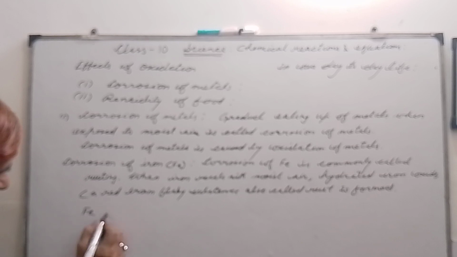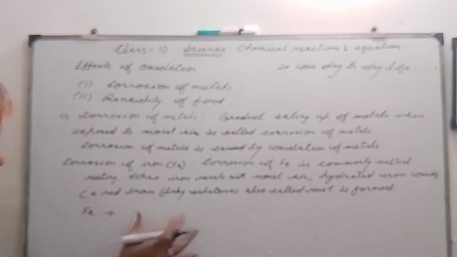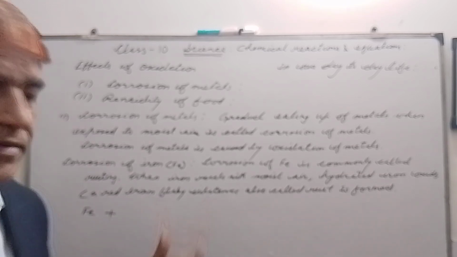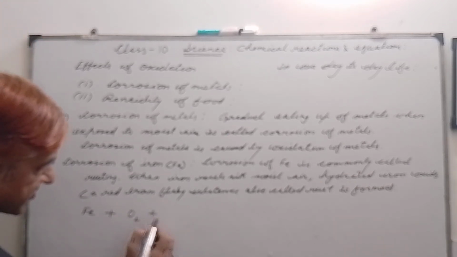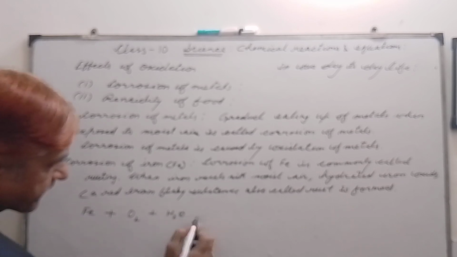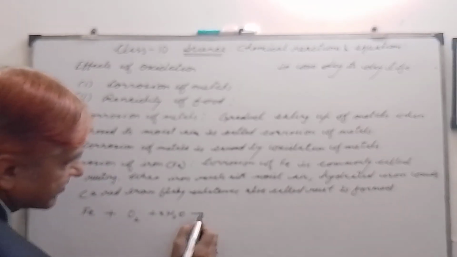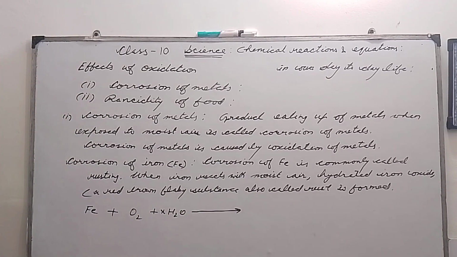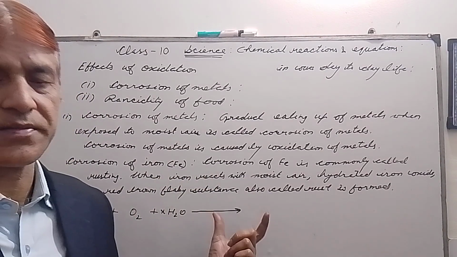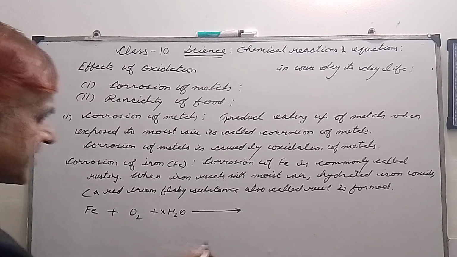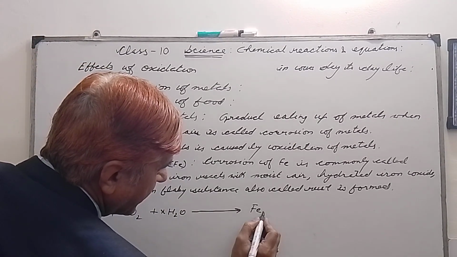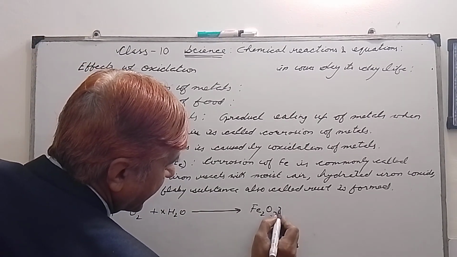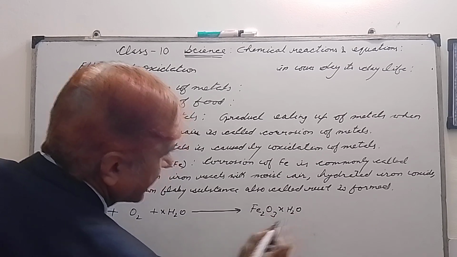So let's write this in terms of a chemical equation. Iron plus, my dear students, moist air means oxygen. Oxygen is present in air, and moist means water. So iron plus oxygen plus X molecules of water. You will remember this equation. This equation is very, very important. And what is formed is iron oxide and X molecules of water.